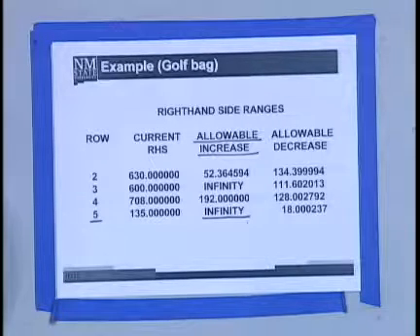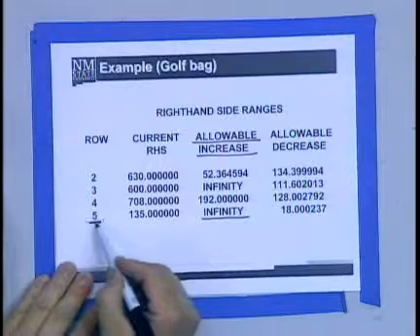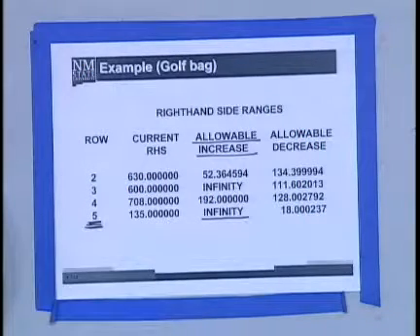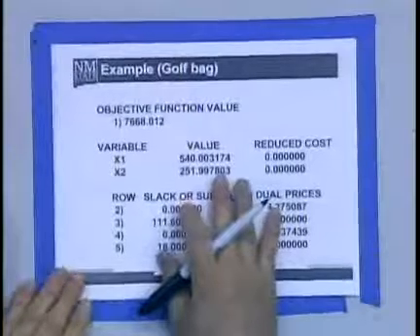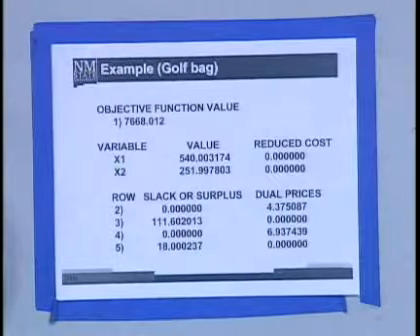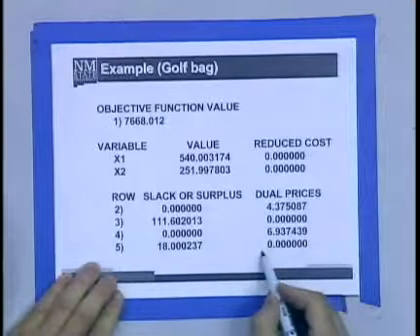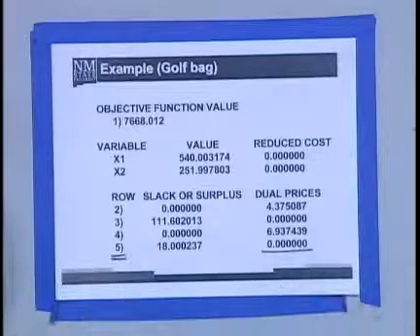So the current dual price for row number 5 is valid, okay? And the dual price for row number 5 is 0.